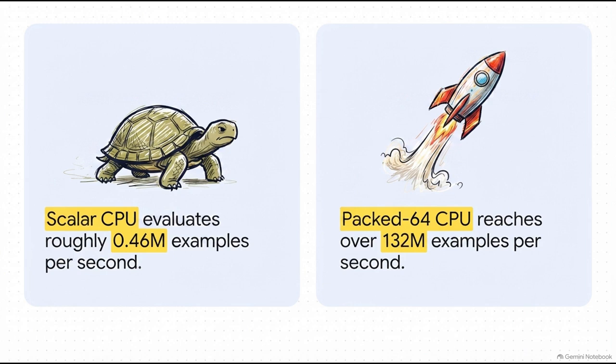Not bad, right? But by simply changing how the data is packed in memory, literally just grouping 64 different examples into a single 64-bit integer, the execution speed absolutely rocketed to over 132 million examples per second. To put that into perspective, that is a staggering 290 times speed multiplier on a standard CPU. And it's all because the C++ engine is utilizing simple bitwise operations rather than heavy floating point math.